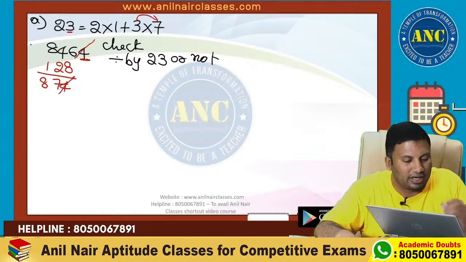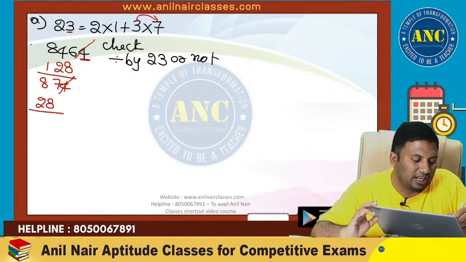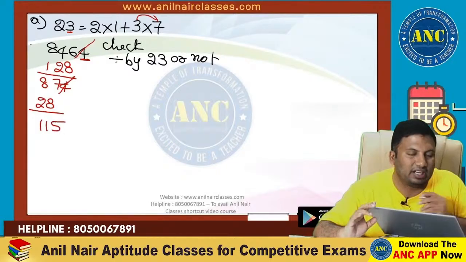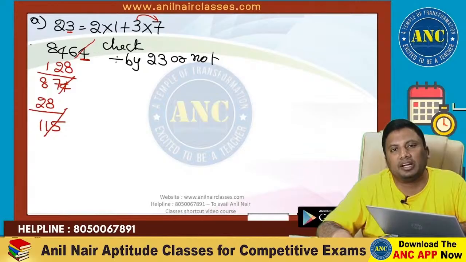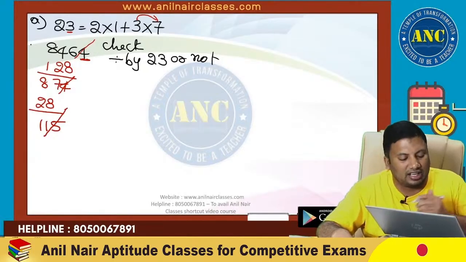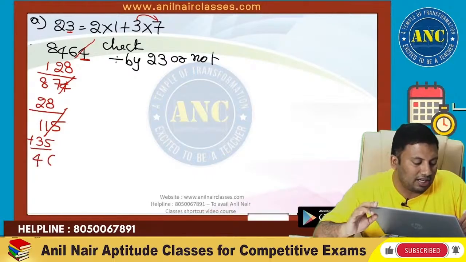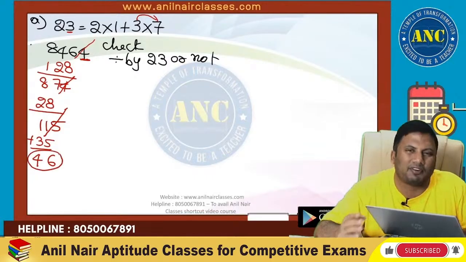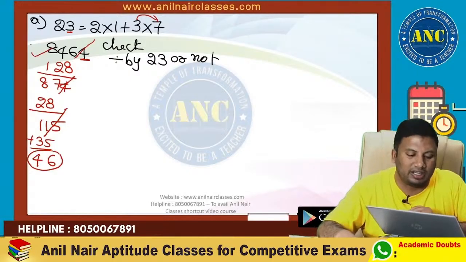Again take the unit digit, multiply it by 7. 4 sevens are 28. 87 plus 28 is 115. Take the unit digit, multiply it by 7. 5 sevens are 35. 35 plus 11 is 46. Anyway, 46 is 2 into 23. So the number is divisible by 23.